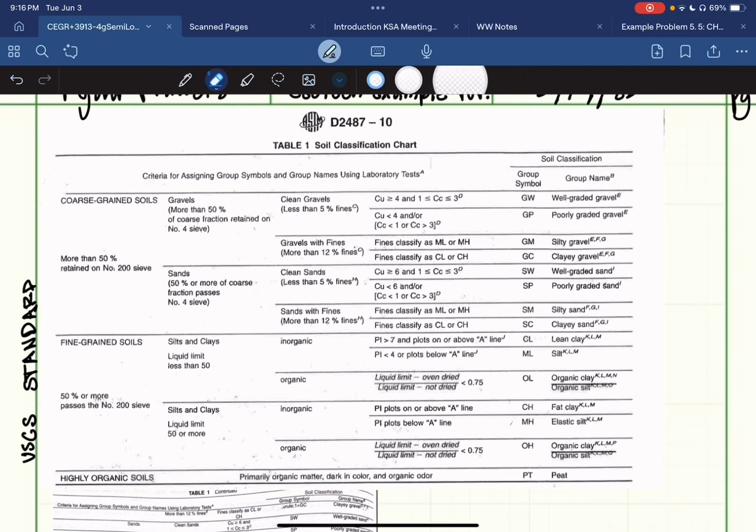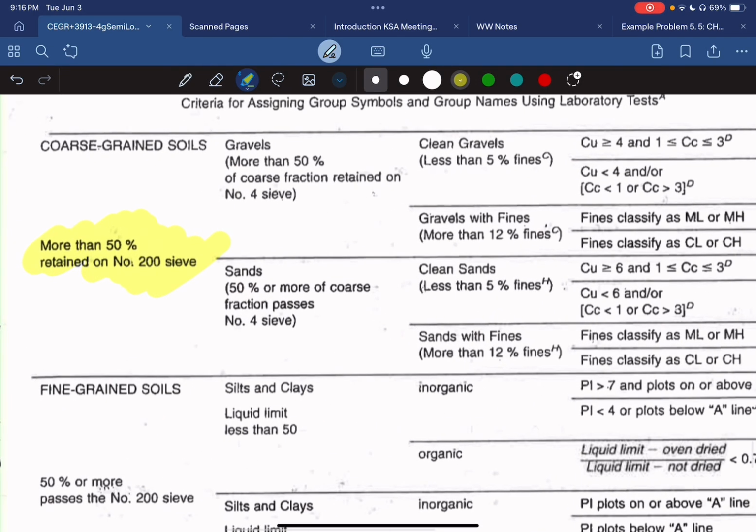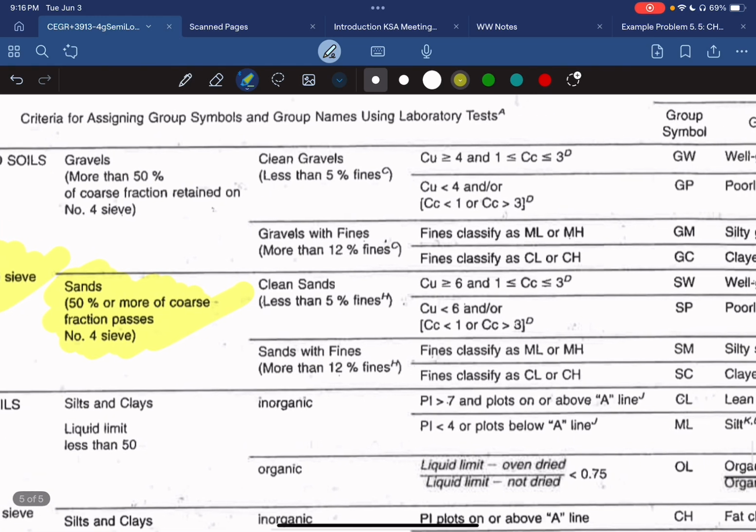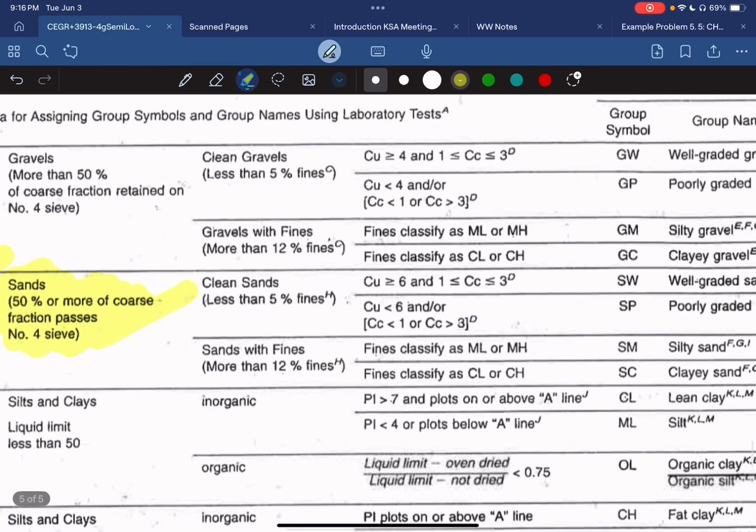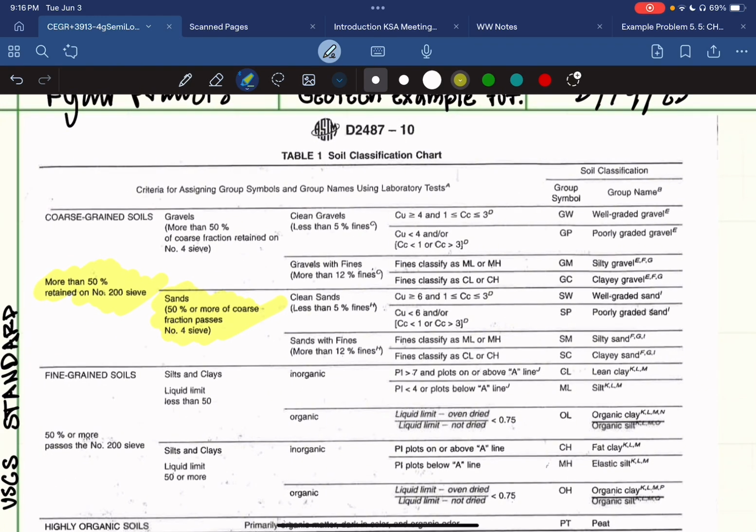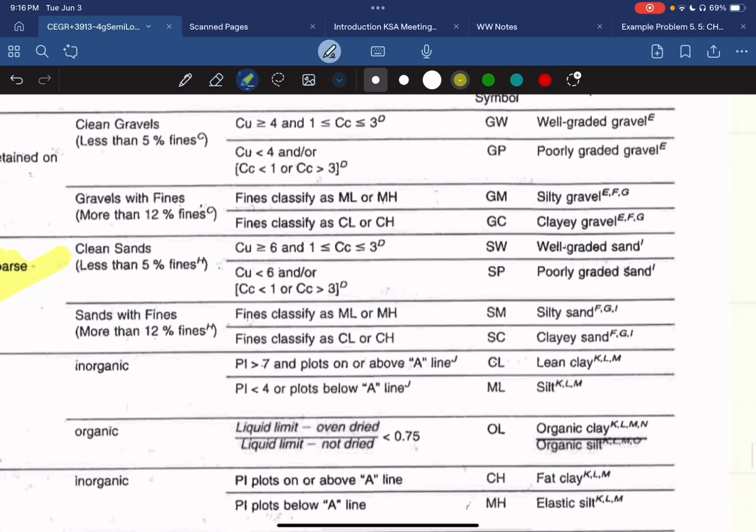So you're gonna start off here, more than 50% retained on the number 200 sieve. Sands. 50% or more of the coarse fraction passes the number 4 sieve. And we're gonna go to the sands with fines, more than 12% fines.